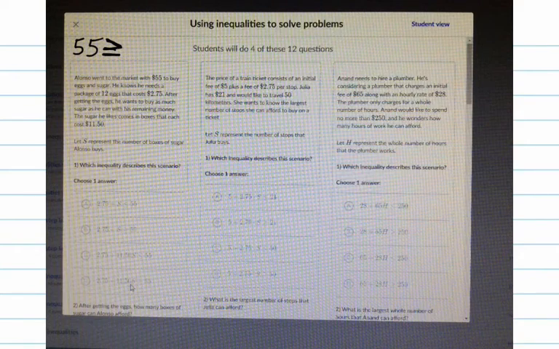Alright, so he knows he's getting 12 eggs that cost $2.75 each. A package of 12 eggs cost. Okay, so a package of 12 eggs, yeah, it's $2.75.